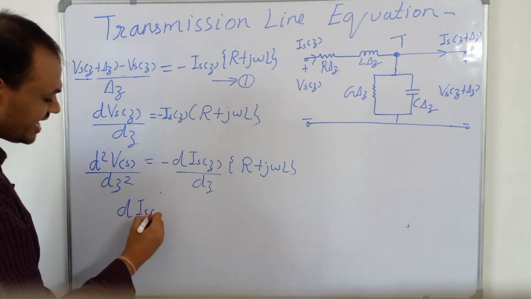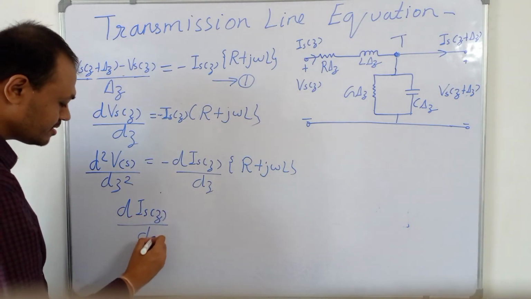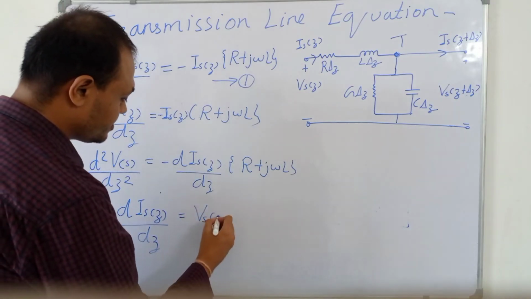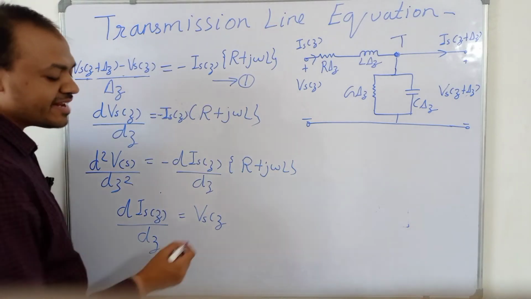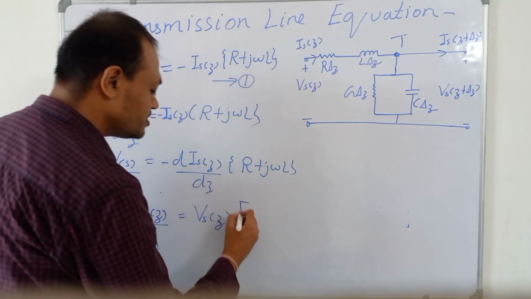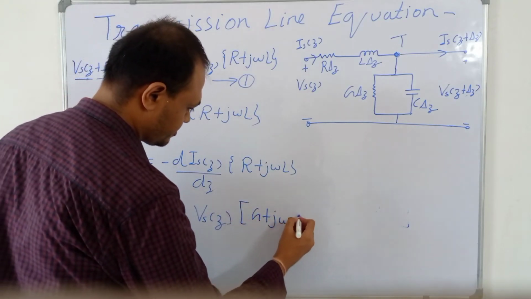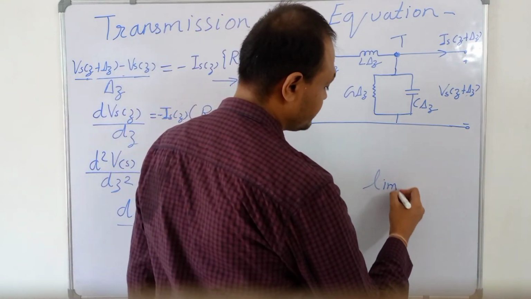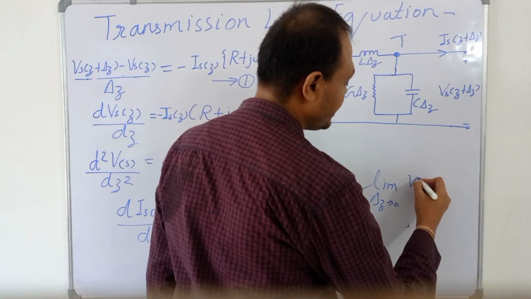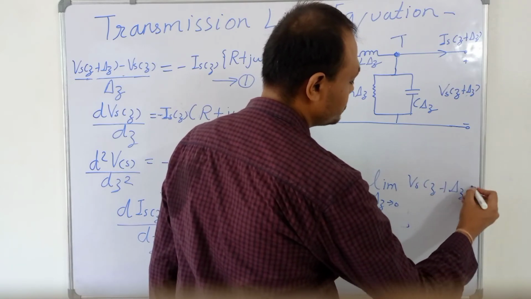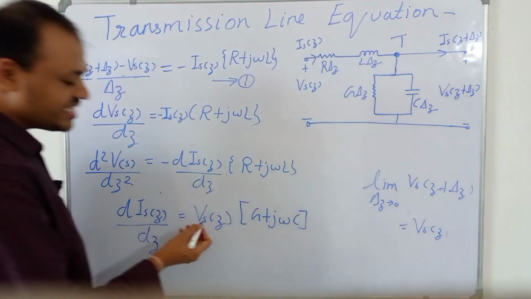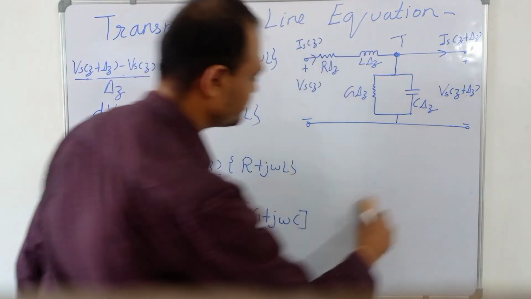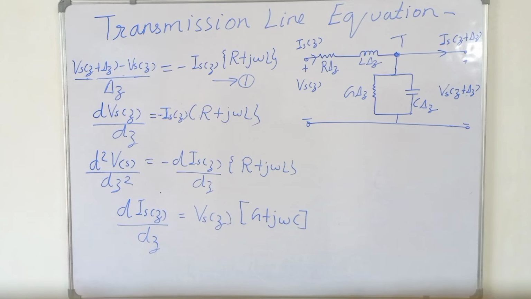So dIs of z with respect to dz is equal to Vs of z, because if you put delta z tends to 0, then in Vs of z plus delta z you will get Vs of z only, times G plus j omega C. So I have taken the same Vs of z here. So this is the second equation for the transmission line.